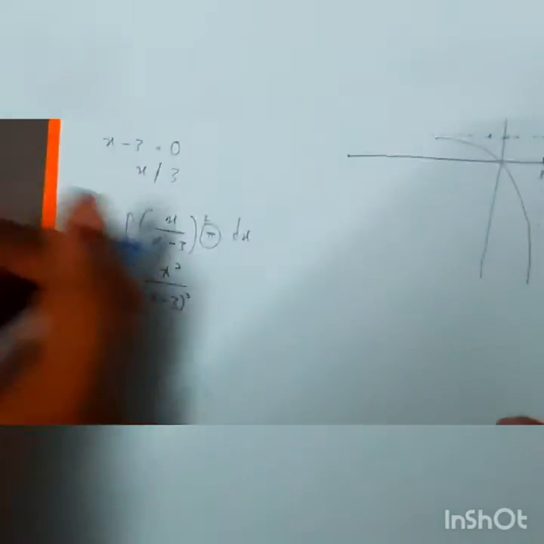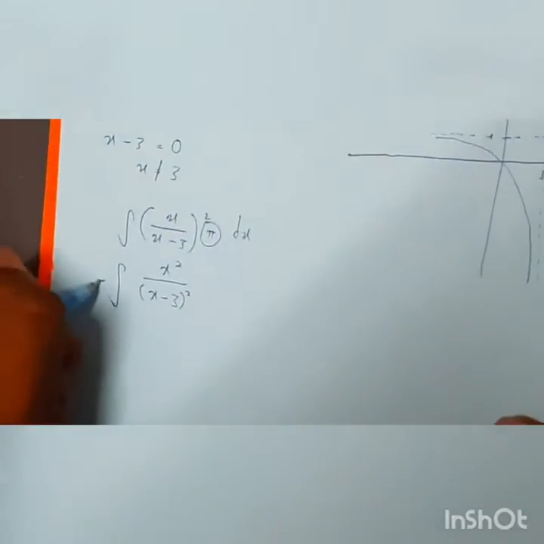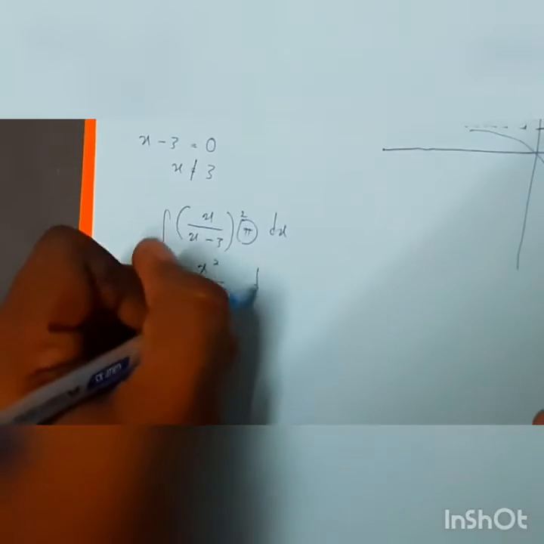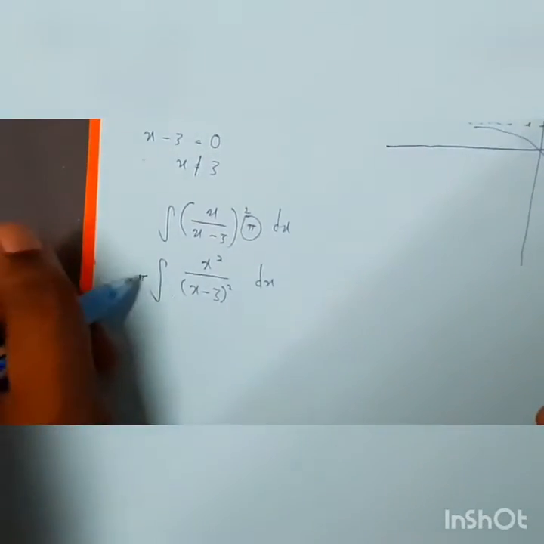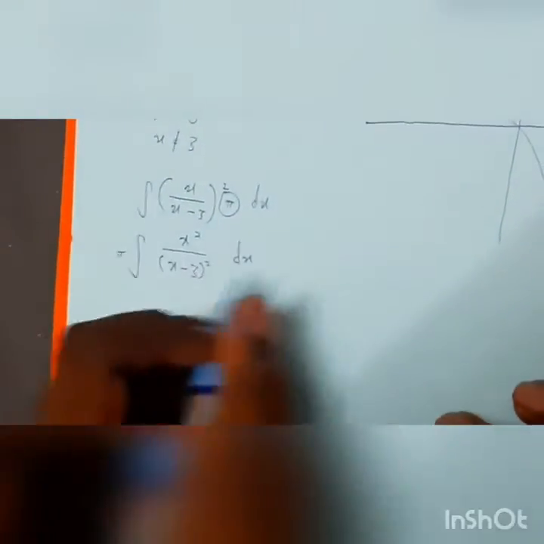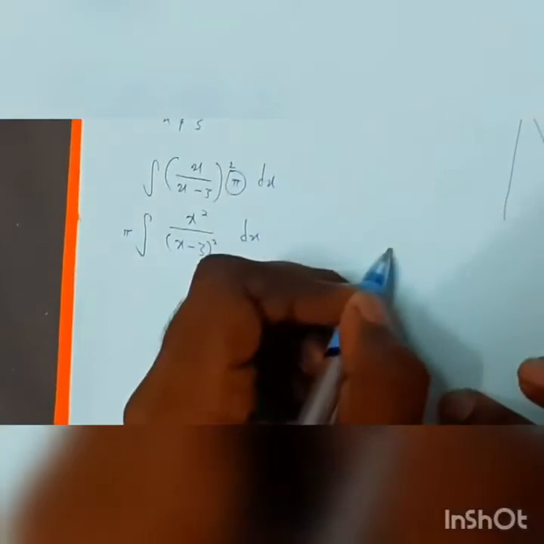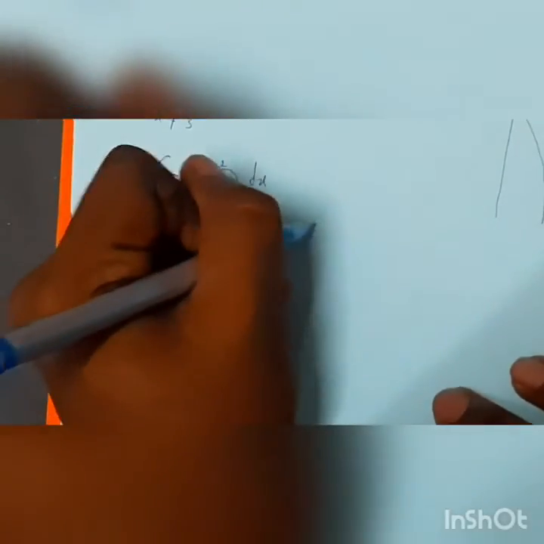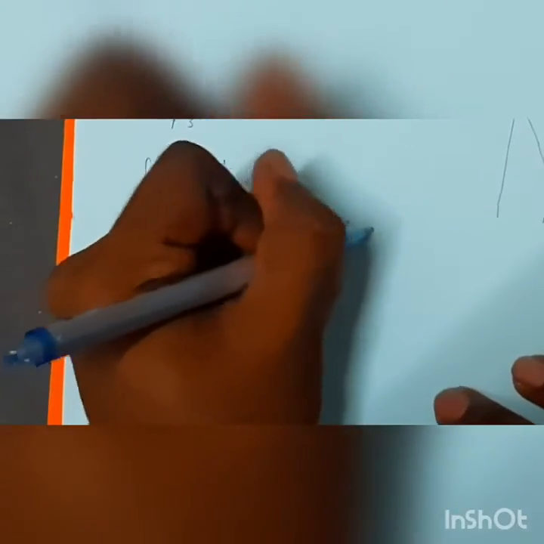This pi we can factorize and write right next to the function, because we're going to multiply it with the value that we get once we input all the values. In this case we're going to use the substitution method as explained by Vinod just now. We're just going to let x minus 3 equal u.